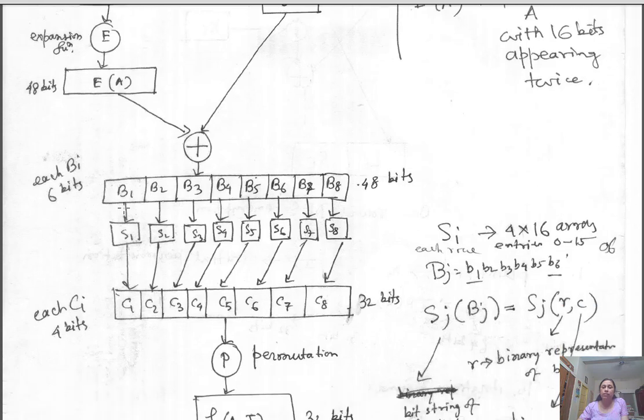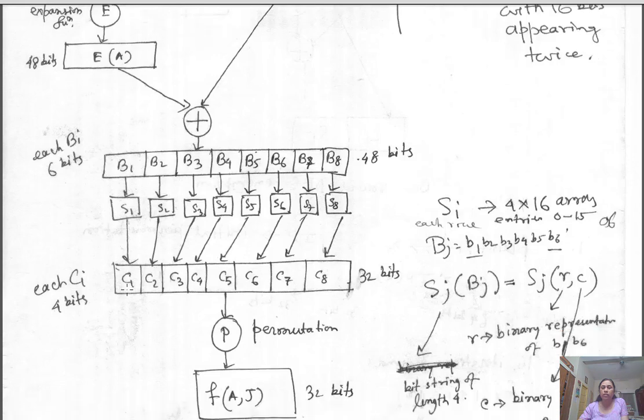Each 6-bit block goes through a substitution box: S1, then S2, then S3, and so on. After passing through the substitution box, the 6-bit string produces a 4-bit string.